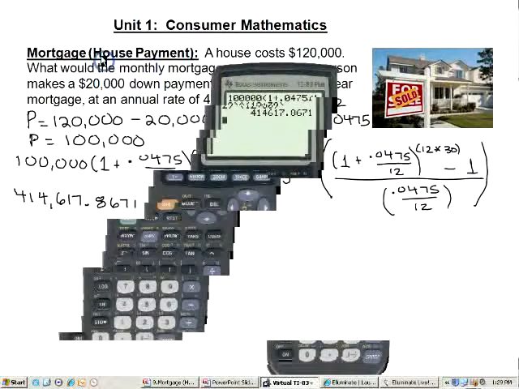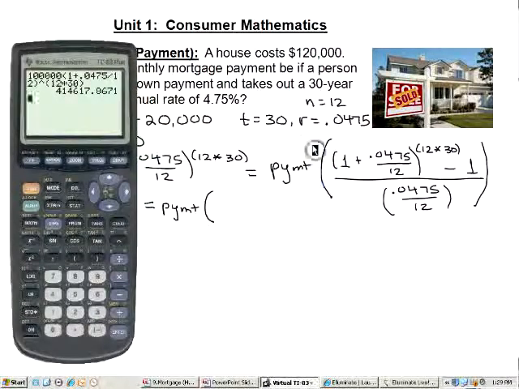times, well, let me move the calculator over here. We've got to take what payment is times and type this into our calculator. And when we did this before, we're going to type the entire numerator in, then hit enter, and then divide by the denominator. So if we do that, we will have parentheses 1 plus 0.0475 divided by 12, close parentheses, raised to the parentheses 12 times 30, close parentheses, subtract 1. We've typed in the entire numerator, so we'll hit enter.